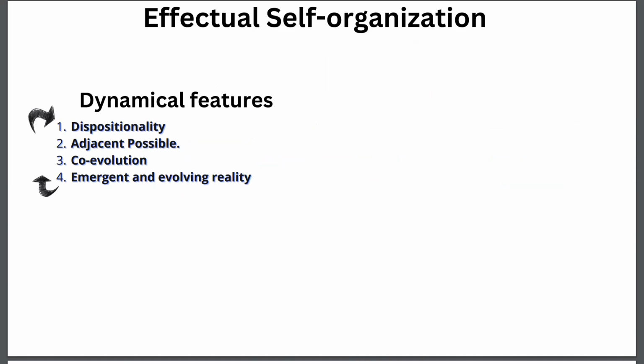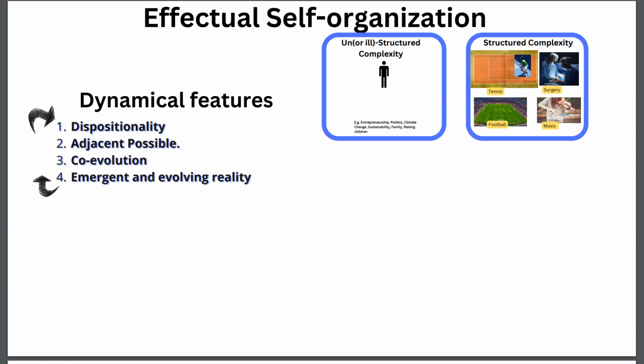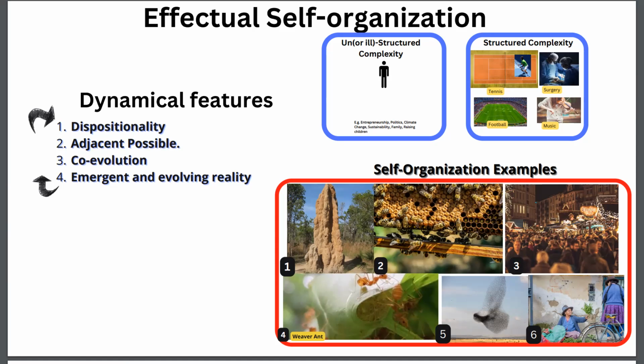As we already discussed, we identified 4 key dynamical features in a complex self-organizing system. We can explain the self-organization behavior using these 4 keystone dynamical features. This is true whether it is the case of a termite's nest, the dynamics of a beehive, people walking in a street, not bumping into each other, coordinating with each other without even knowing it, weaver ants coordinating with each other, bird murmuration, or the dynamics of a market.